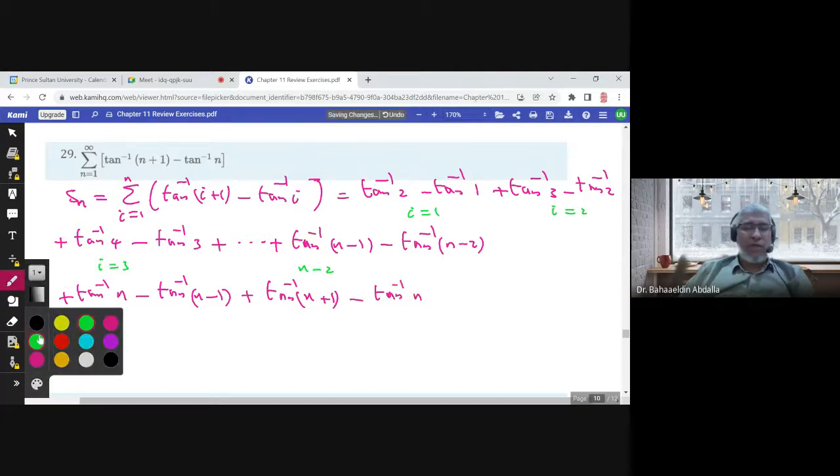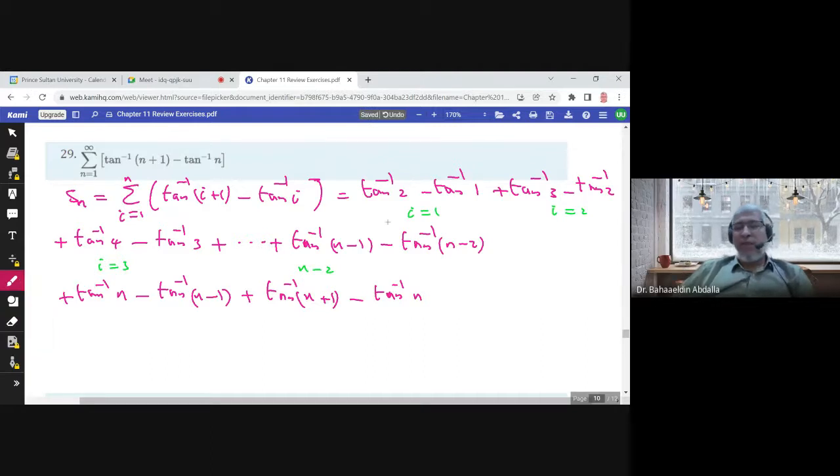So let us cancel what we can cancel. Notice that I have here tan inverse 2, and it cancels with this one. So the first term of these two terms is cancelled. And then tan inverse 1 is not cancelled with anything. Tan inverse 3, the first term of these two terms would be cancelled here.